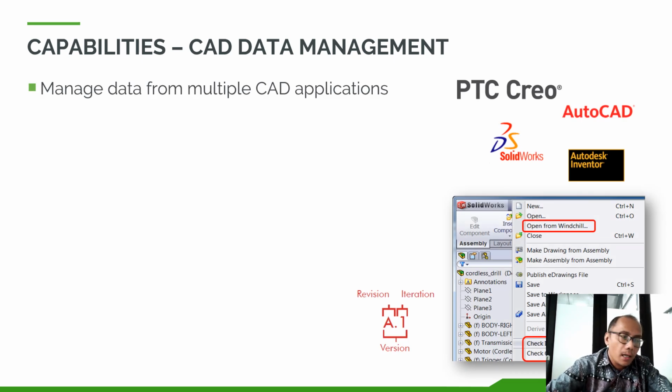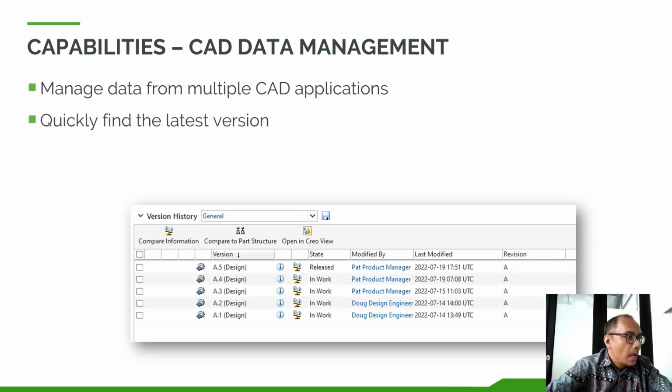The SolidWorks screenshots show an example of how Windchill commands can be included within another CAD application, so designers don't have to exit the CAD tools to check in and check out their work. And of course, Windchill can manage data from multiple CAD applications, and it can quickly find the latest version, and it will prevent overwriting and proliferation of versions.